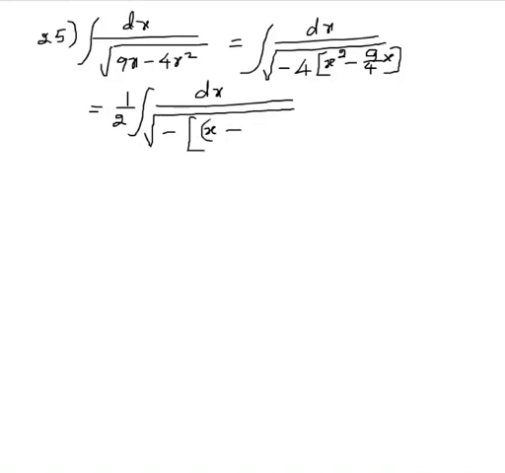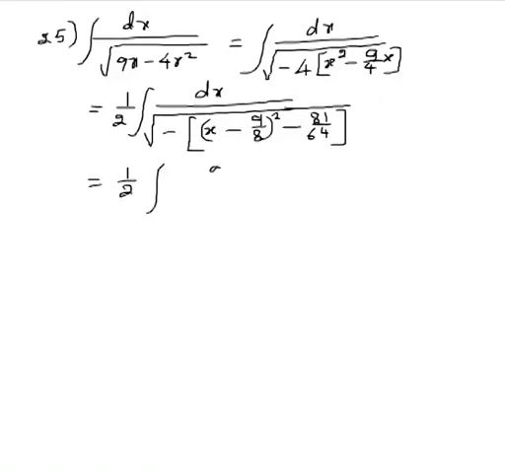X minus, divide the coefficient of x by 2. So 9 by 4 by 2 will become 9 by 8, the whole square. Always subtract the b square term, that is 9 by 8 the whole square, which is 81 by 64, and there is no constant term to write here.